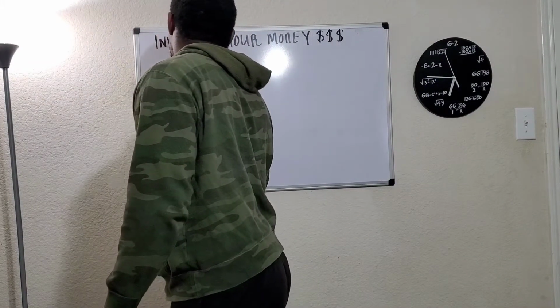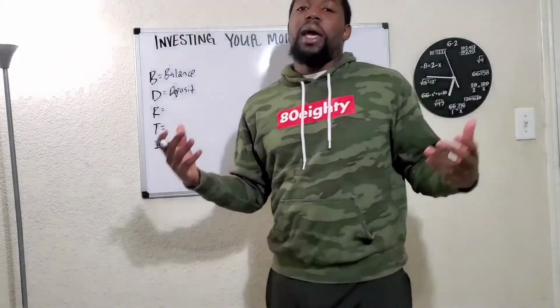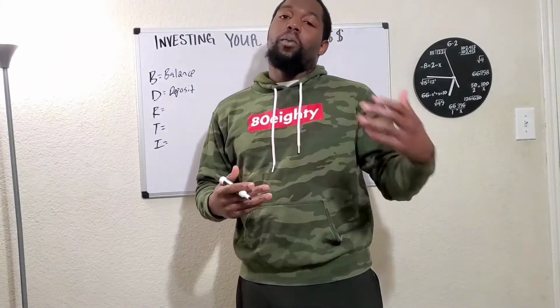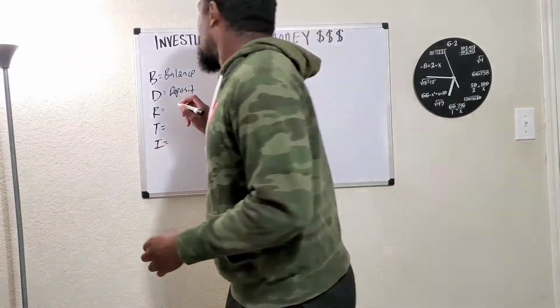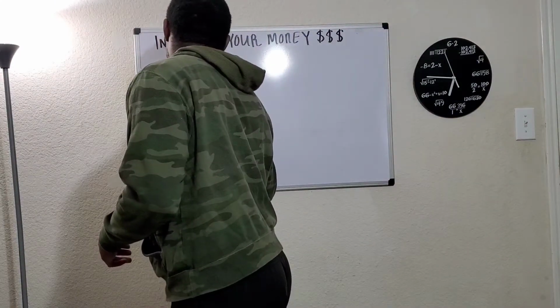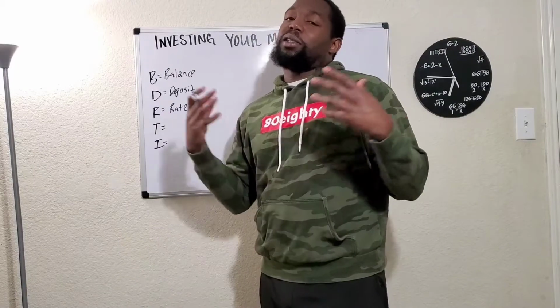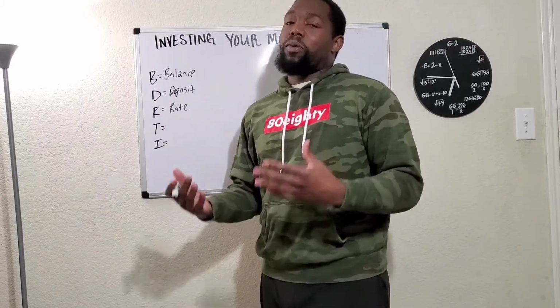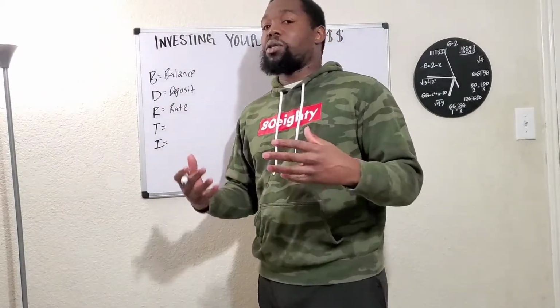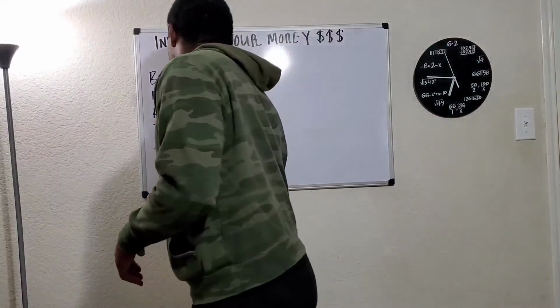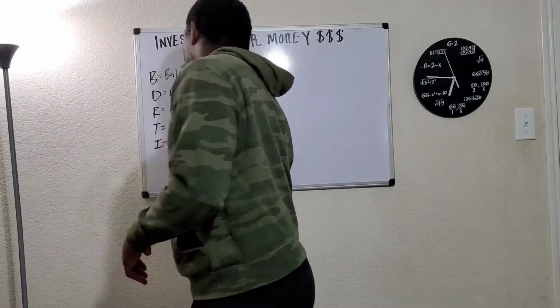Deposit. You need to be able to understand how to read a word problem and figure out what your deposit is. Rate is going to be a little bit tricky with this one because it's not just necessarily the rate, because our rate in today's lesson goes also with this T, which is our time.